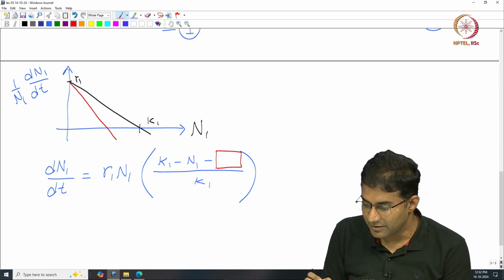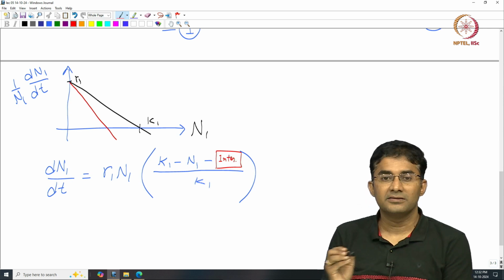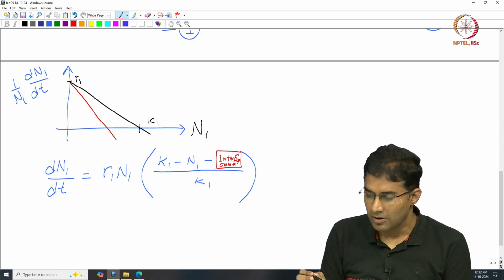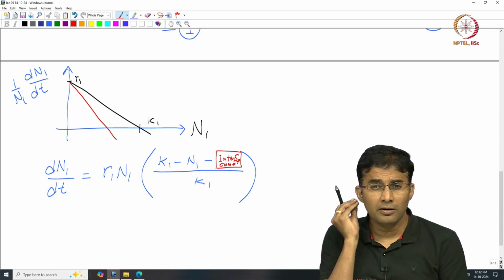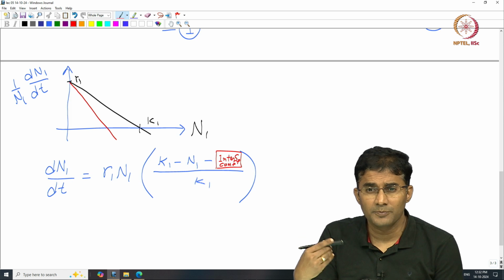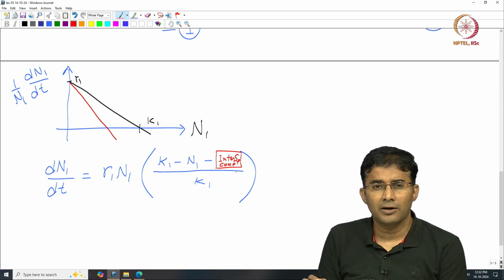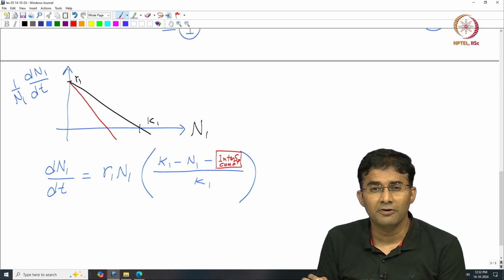The term here basically is the effect of inter-specific competition. So, what this means is that if there are some individuals of species 2, it will reduce the per capita growth rate of species 1 even further.